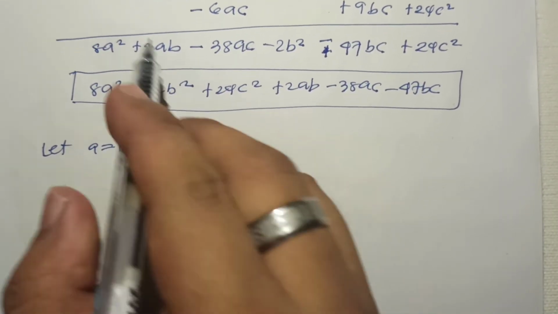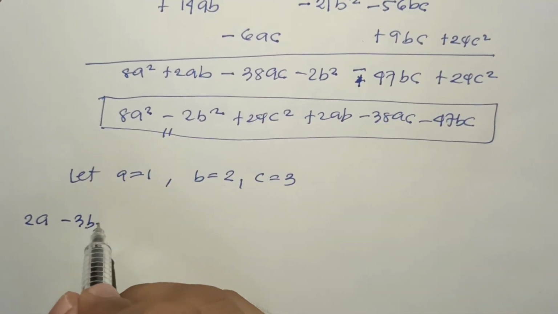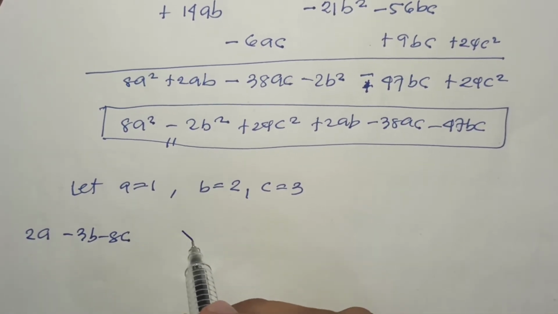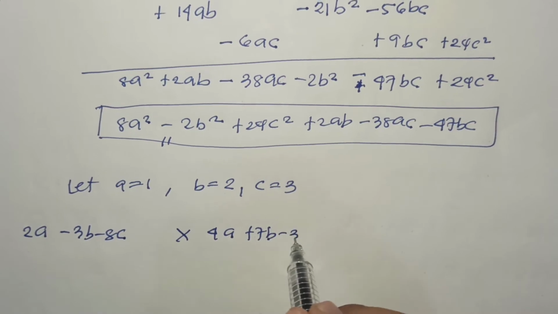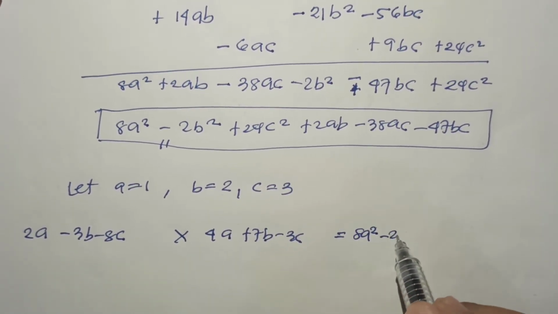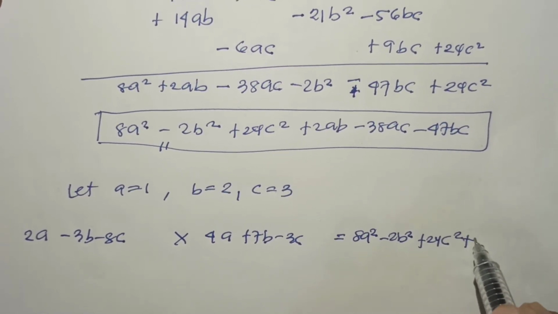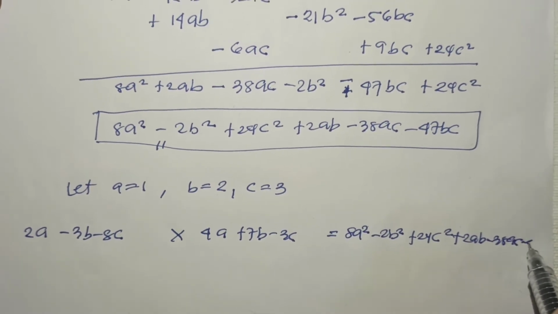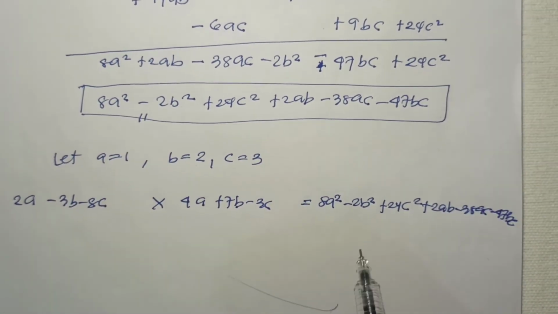So first multiply 2a minus 3b minus 8c times 4a plus 7b minus 3c is equal to 8a squared minus 2b squared plus 24c squared plus 2ab minus 38ac minus 47bc. So you're going to substitute here.